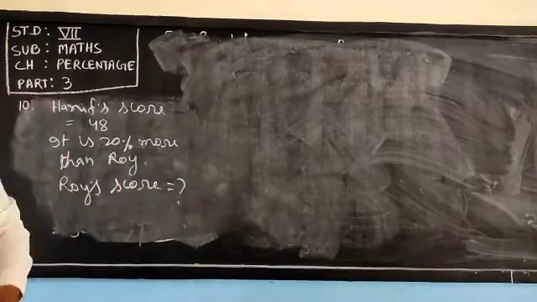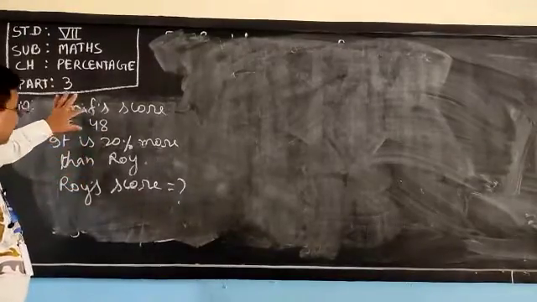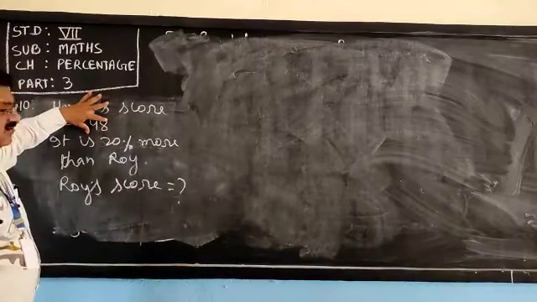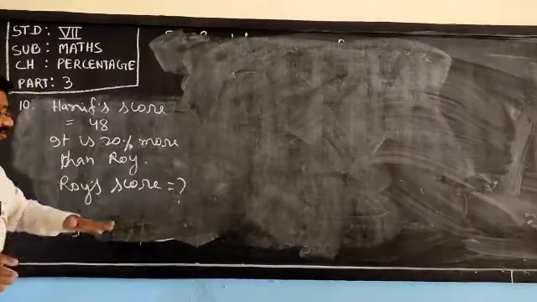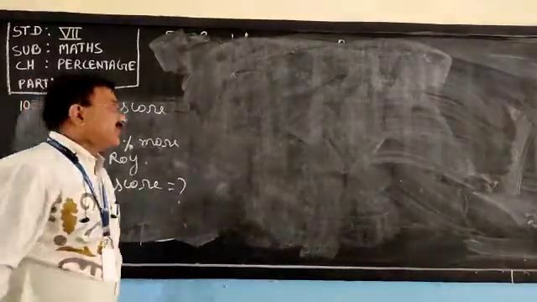Try to understand this question. Hanif's score is 48 and this 48 is 20% more than Roy's score. It means 20% of Roy's score is added to Roy's score, then it became 48. Very easy, same question.